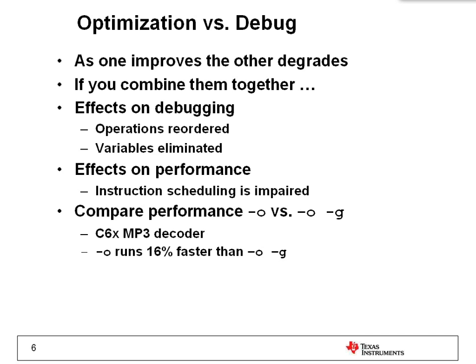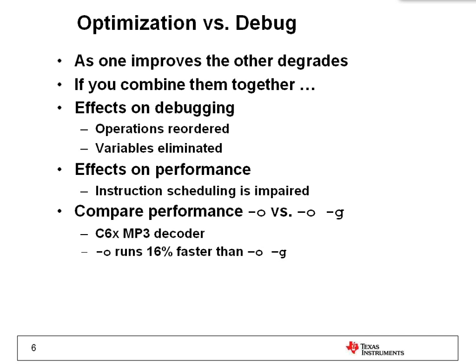Now, effects on performance: the instruction scheduling can be impaired. It can't be as good as it would otherwise be. The reason for that is when you build with -g, one of the things that happens is the compiler emits directives for making the mapping between a group of assembly language statements and the source line that it came from.